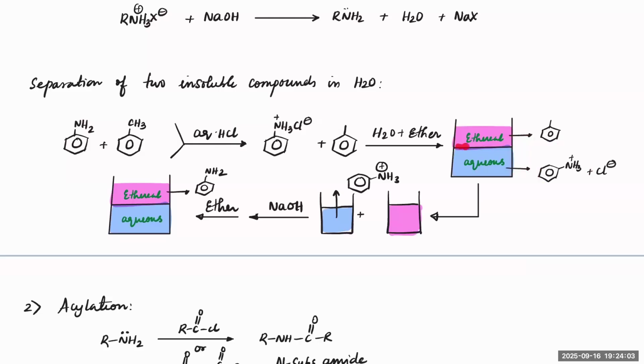And now by distillation, you can separate these two. So imagine by distillation, we separated these two. Now this aqueous solution still has anilinium ion, correct? You add NaOH to it and then add some ether to it. In the presence of NaOH, this will again convert into aniline. And now aniline is more soluble in the ethereal layer. Got it? Understood?